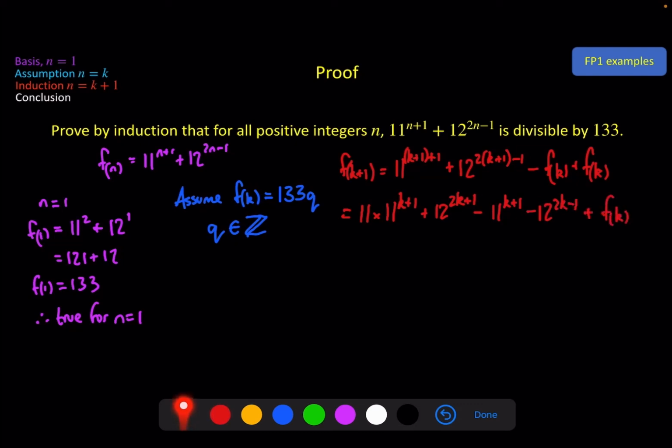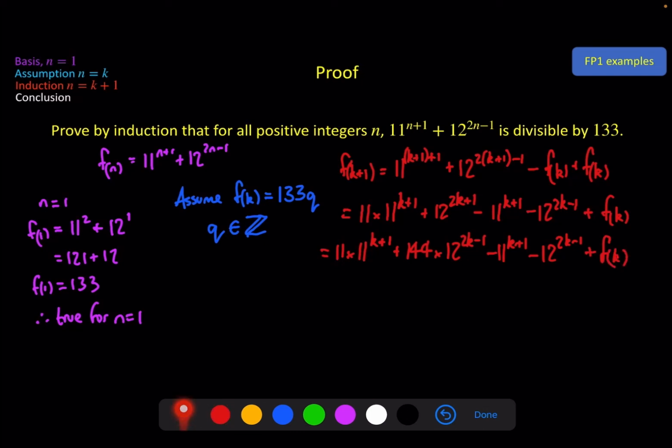And I can see now that that was a good thing to do because this is the same sort of term as this, so I definitely do want to change this. So to do that, we've got 11 lots of this, and then I'm going to take the 12 squared out the front and do 144 lots of 12 to the 2k minus 1, because I've taken 2 out of that, minus 11 to the k plus 1, minus 12 to the 2k minus 1, plus f of k.